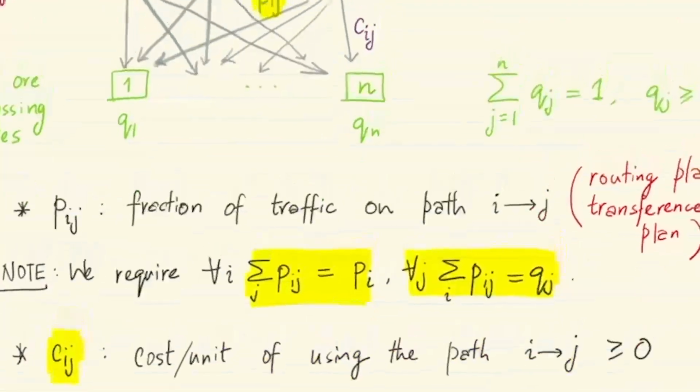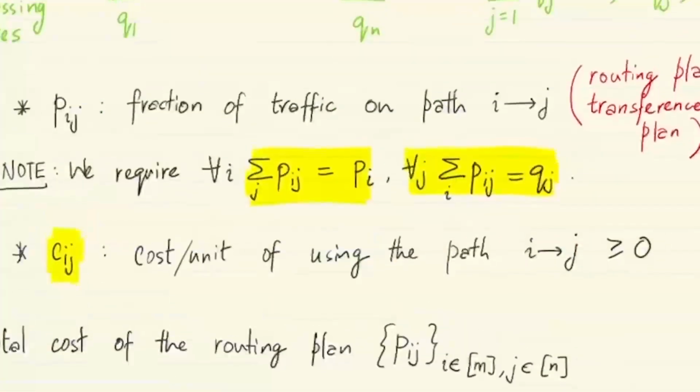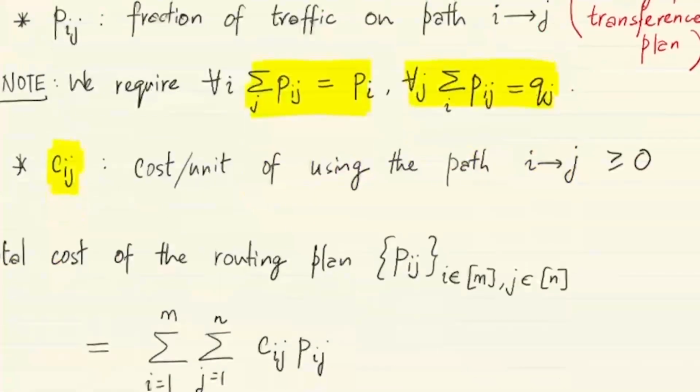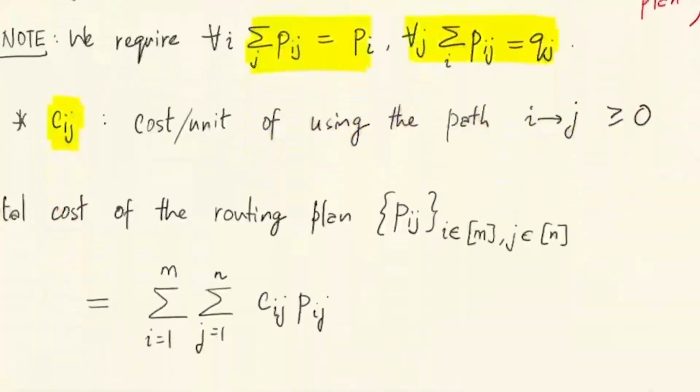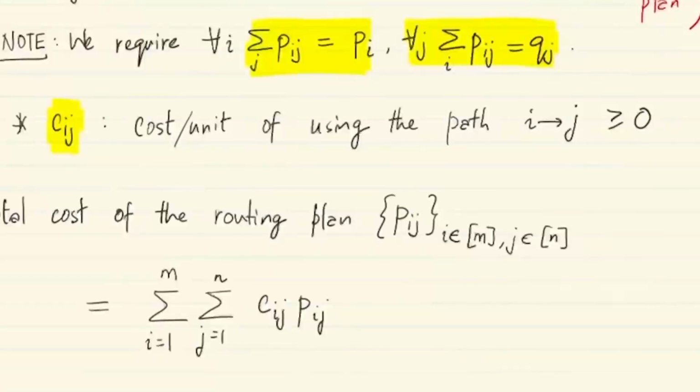So this implies that if we have a routing plan Pij, which of course satisfies the marginal constraints at both ends, the sum over all j and the sum over all i, then the total cost that this routing plan gives with respect to the given costs C and the given source and target distributions P and Q is just obtained by summing over all i and all j of Cij Pij.